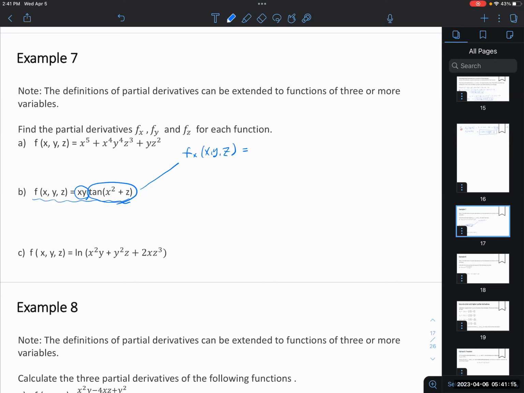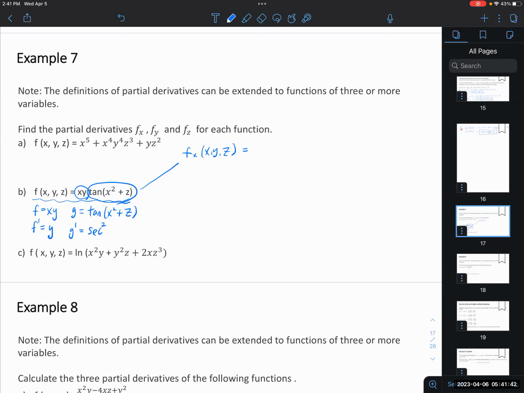Okay, so if I have xy, f prime is f prime with respect to x, so you have a y, correct? And then g is tangent x squared plus z, and g prime will be secant squared, right?